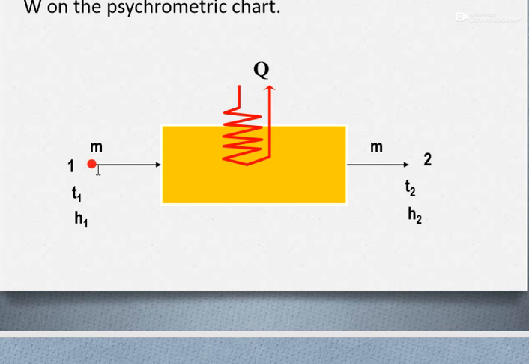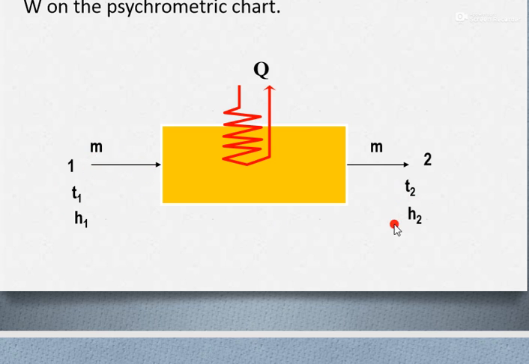Again, m denotes the mass of air going inside this cooling chamber, and this m denotes the mass of air coming out from this cooling chamber. T1 and H1 are the dry bulb temperature and enthalpy of inlet air respectively.